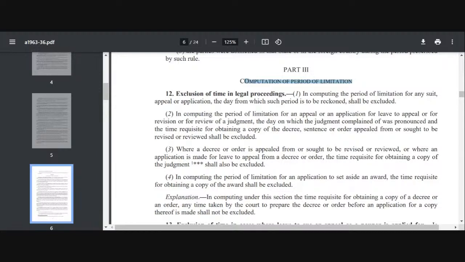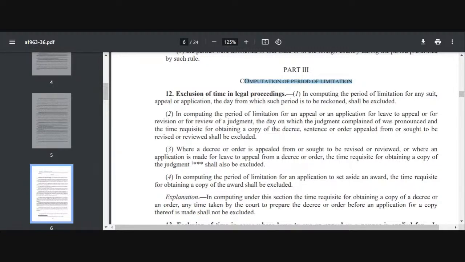So again, when computing the period of limitation prescribed for an appeal, you have to exclude the day on which the period begins to run. The day on which judgment is pronounced is excluded. The time required for obtaining the copy of the decree or sentence or order is excluded. The time required for obtaining a copy of judgment is also excluded.